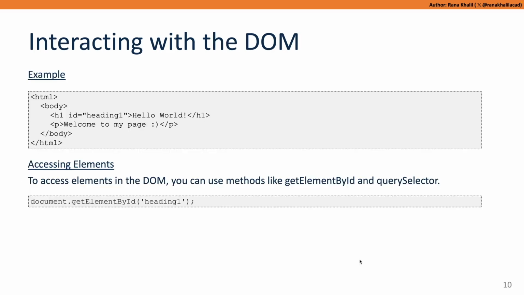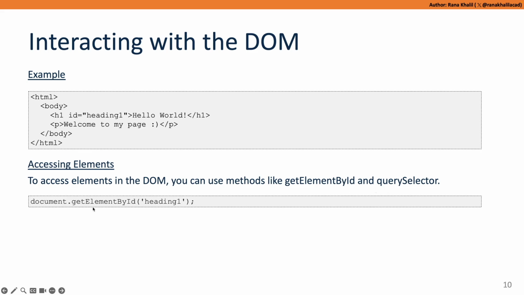Now, there are many different ways of interacting with the DOM. We'll only cover a few and then we'll move on to discussing how insecure processing of DOM data can introduce vulnerabilities in the application. The first thing that you can do with the document object model is access elements. That's done using methods such as the getElementById method and the querySelector method.